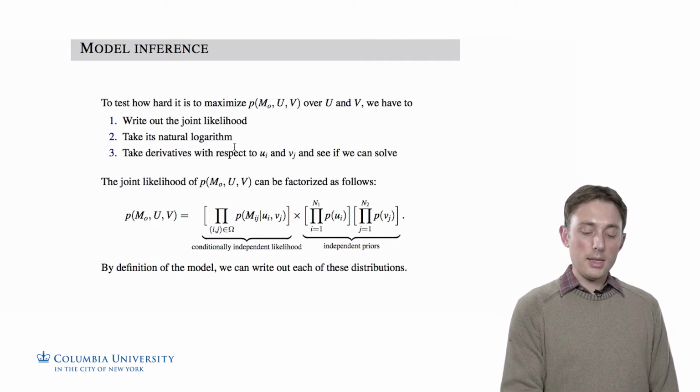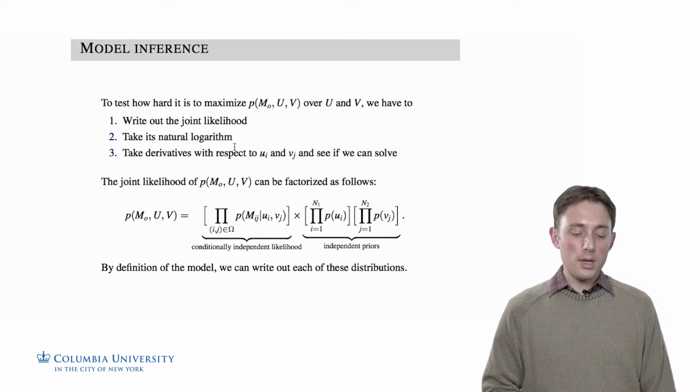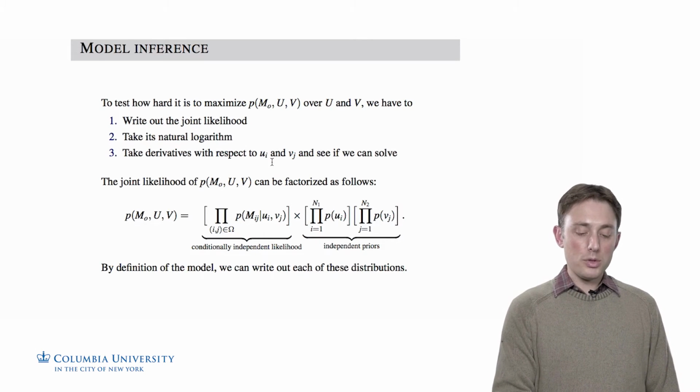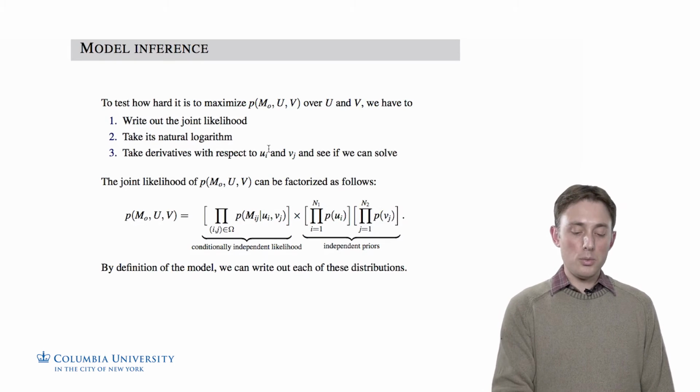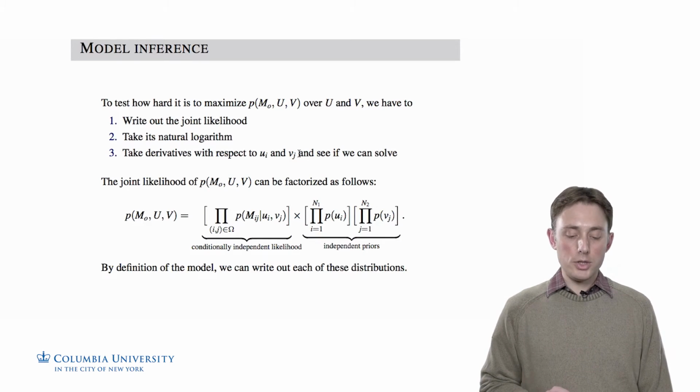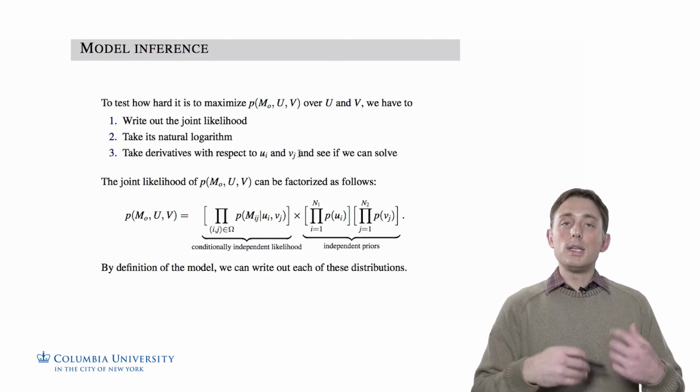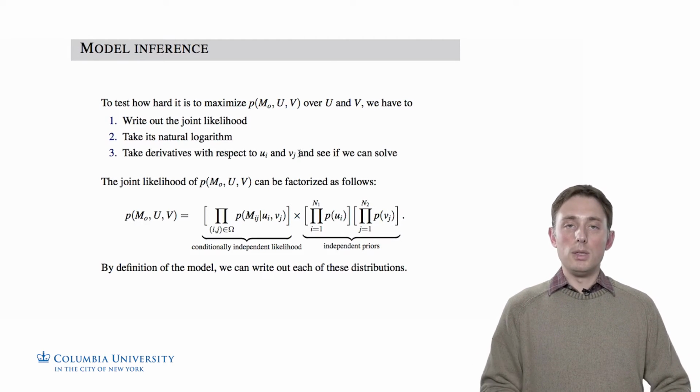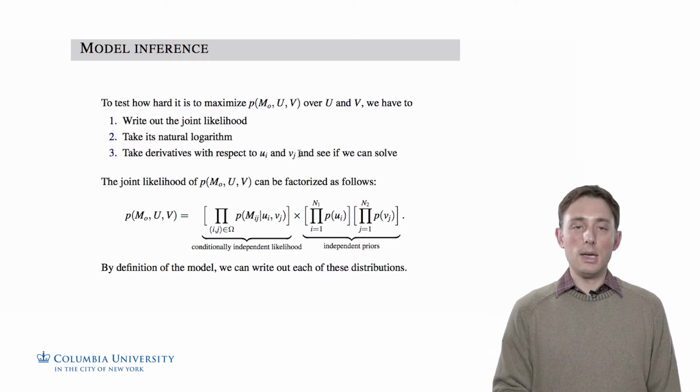We then need to take its natural logarithm. And then we need to take derivatives with respect to all the things that we want to update. So we want to update U_i and V_j, the user location for user i and the object location for object j, over all the users and all the objects. We want to take these derivatives and see if we can solve them. And if we can, then we can do that without having to introduce EM.